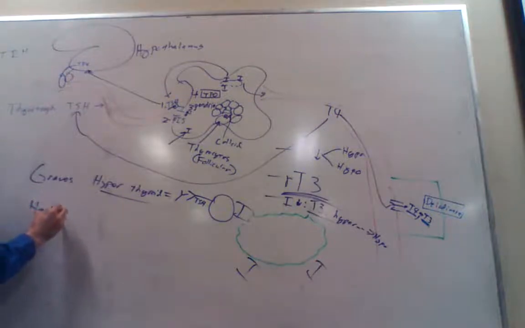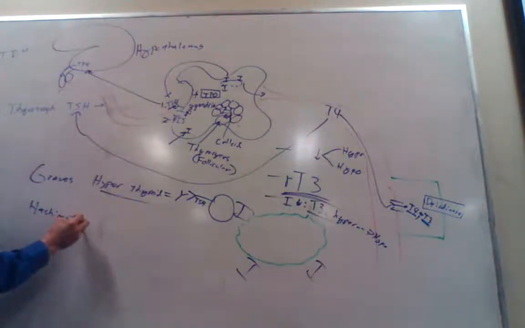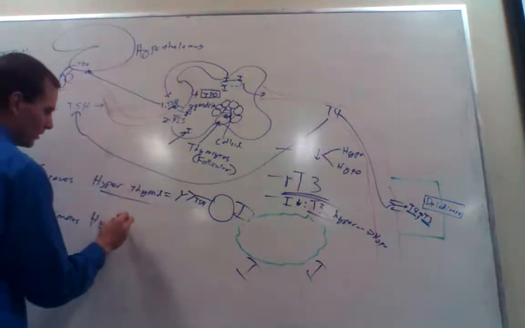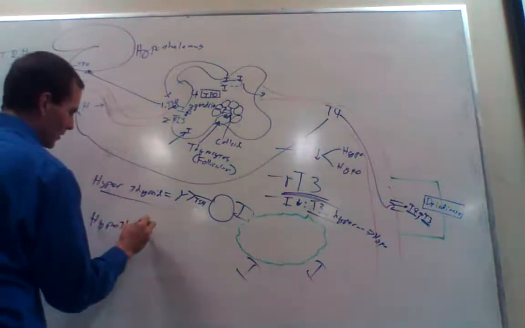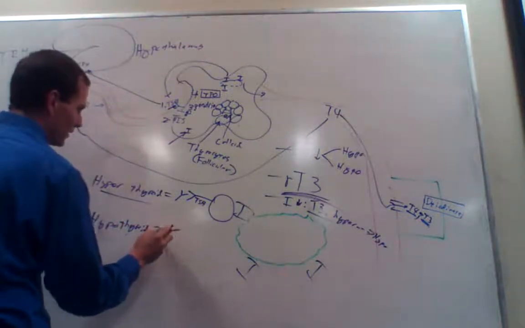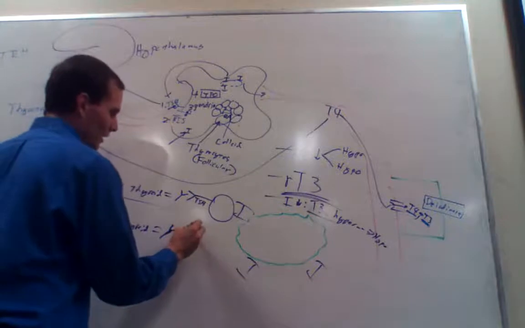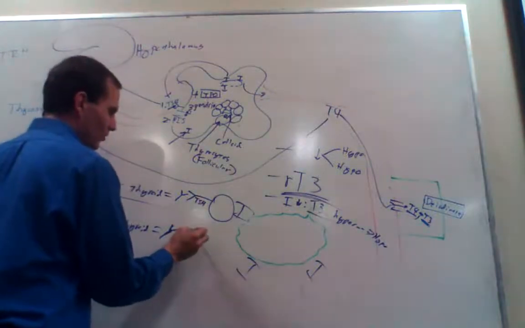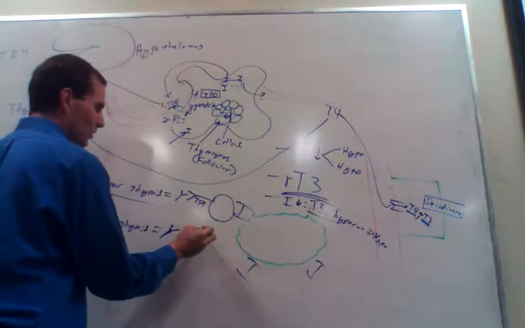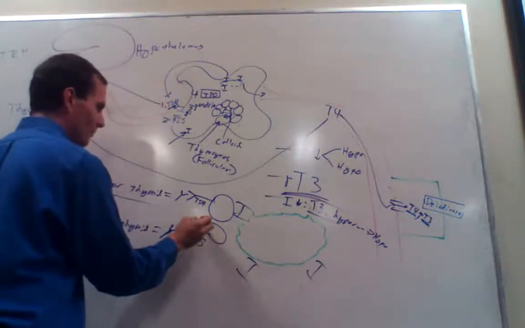Hashimoto's is hypothyroid. It is also autoimmune, which is what this is, an antibody. And it goes against, if I recall correctly, the sodium iodine symporter. And so the doorway is held closed all the time.